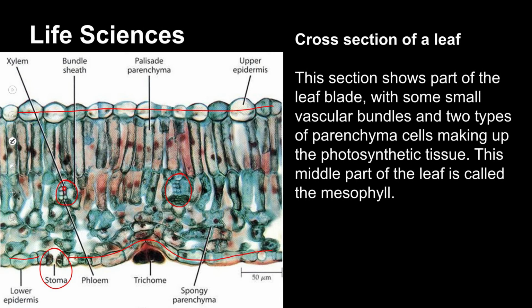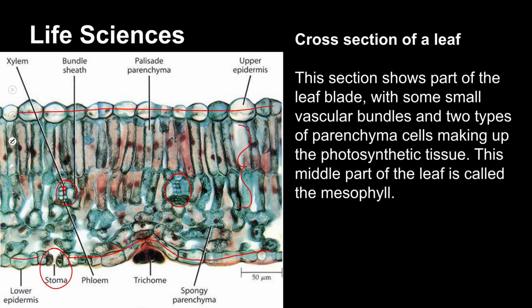So what we can already identify is the epidermis and the vascular bundles. Vascular bundles bring the water, the epidermis does the protection, but the main function of the leaf is photosynthesis. So all the rest of these cells are involved in photosynthesis.